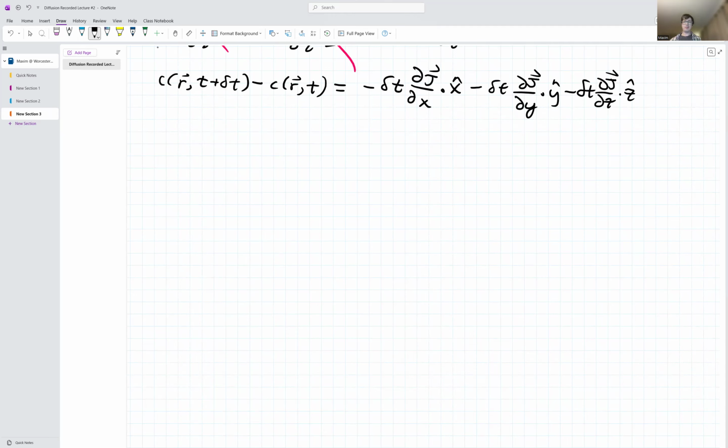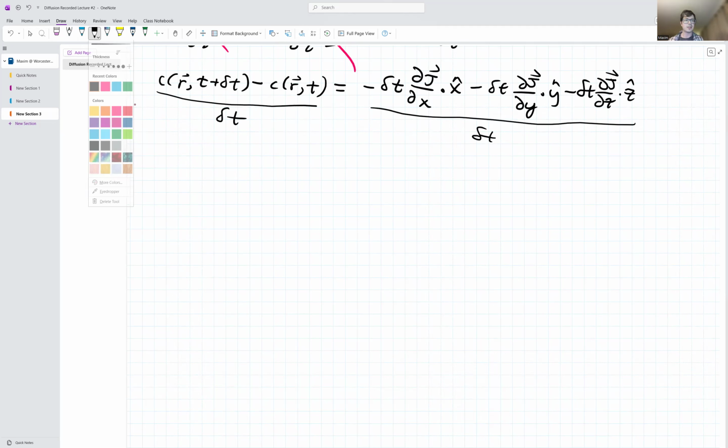We can divide both sides by delta t to cancel all these delta t's, which is kind of nice. On the left-hand side, you have the difference in concentration divided by the time interval.